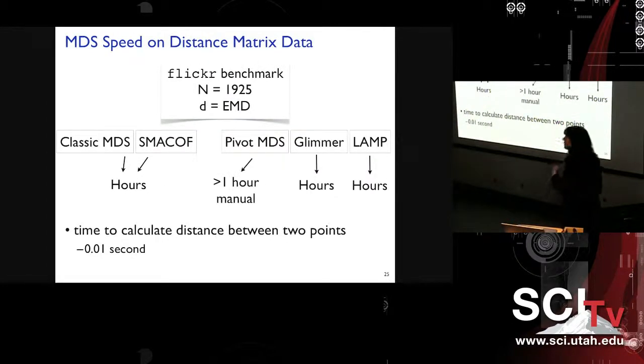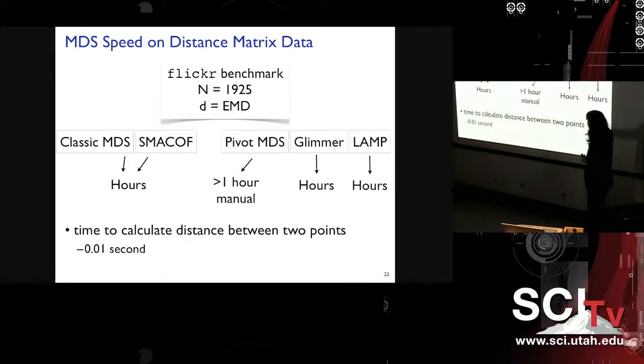Now, there are some interesting data sets out there where the distance metric is actually much more expensive. So let's take the case of photos out of Flickr. And a metric like the Earth mover's distance, where what you're actually doing is a much more involved calculation, where you're trying to think about moving colors around between the images. And in this case, if you run all of these standard algorithms off the shelf, they're also going to still be hours.